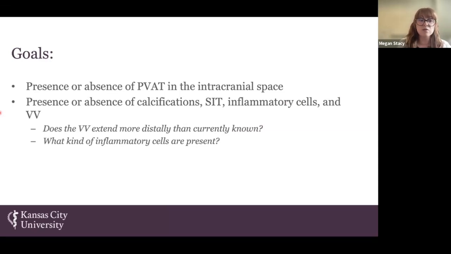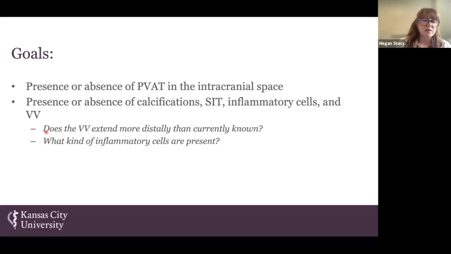The other goals would be simply to look for presence or absence of calcifications, subintimal thickening, inflammatory cells, and vasa vasorum in these two populations, a cohort without metabolic disease and a cohort with metabolic disease.